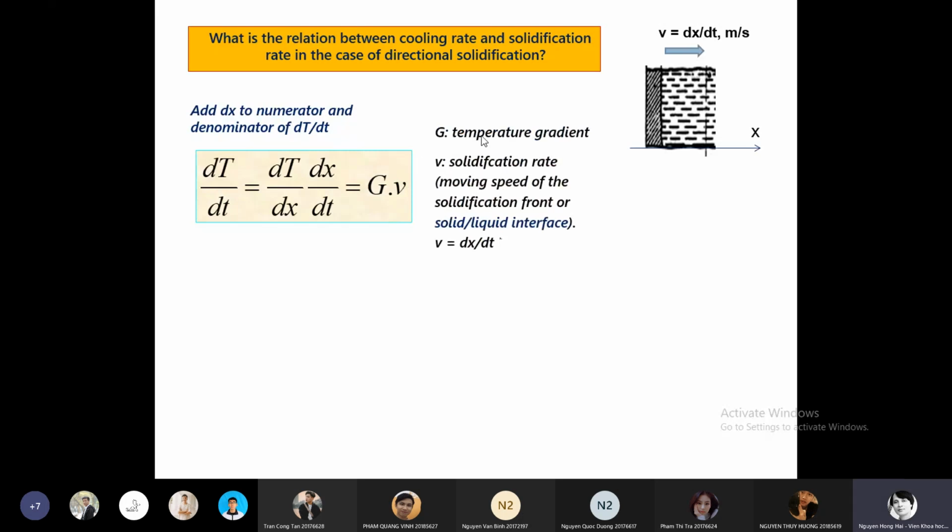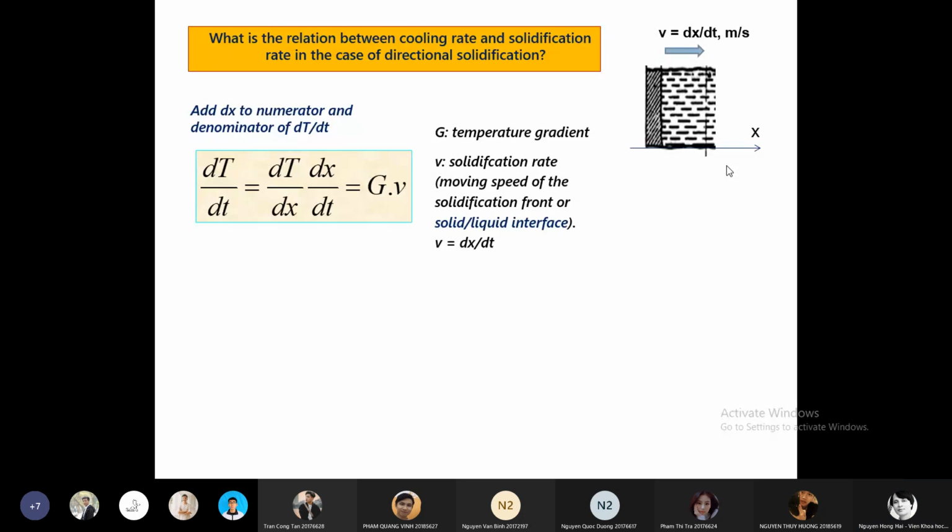Here G is the temperature gradient, V is the solidification rate, or the moving speed of the interface between the solid and liquid toward the center, V is dx over dt. This is simpler in comparison with the volumic solidification, and it is the main model for studying the solidification process.